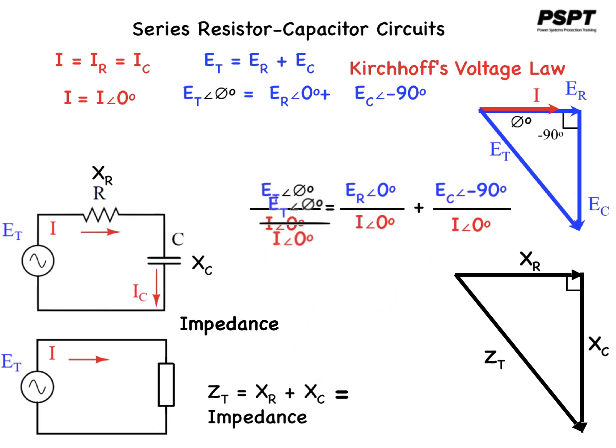Now ZT, which is equal to ET at phi degrees all over the current, can be described as our impedance, ZT, at phi degrees, because ET at phi degrees divided by I at 0 degrees gives us ZT at phi degrees, which is the angle between the impedance ZT and XR, the reactance of the resistor.